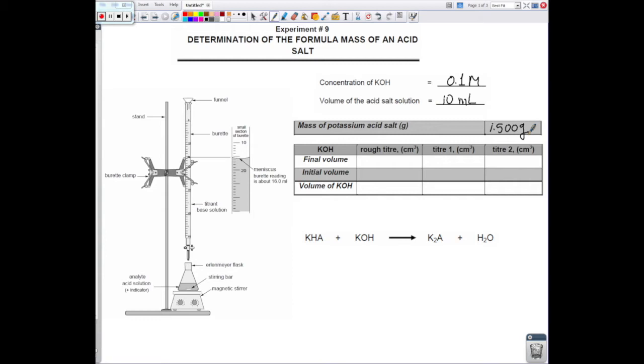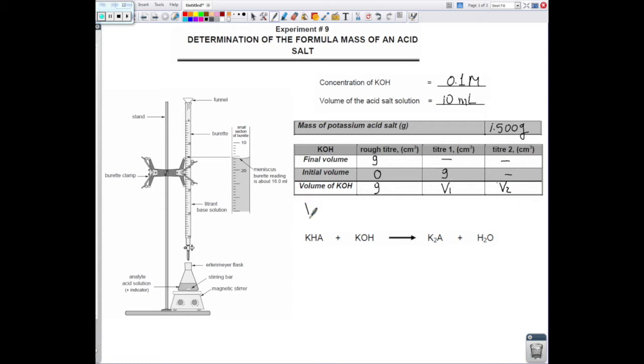Now about the titration, for the rough titer, the initial volume you started at 0, and the final, say you stopped at 9. So the volume of KOH used is 9 milliliter, as an example, okay? Then you will continue, here 9, and here whatever values you will obtain, volume 1 and volume 2.